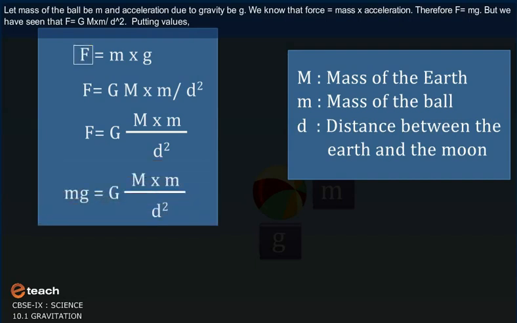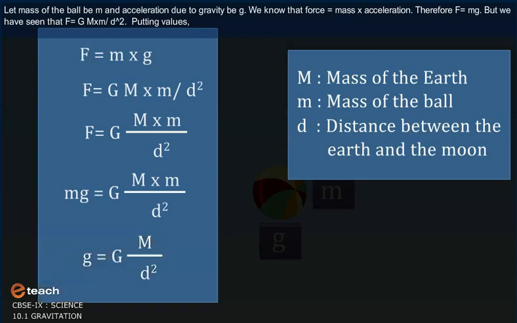We get mg is equal to G multiplied by M into m upon d square. Cancel small m on both sides. Therefore, acceleration due to gravity will be g is equal to G multiplied by M upon d square.